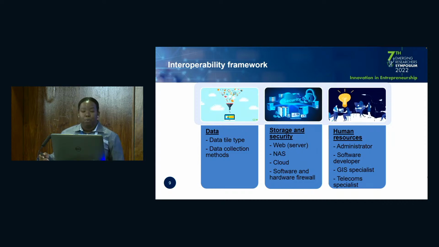And for security, in order to make sure that the service providers are comfortable with sending us their data, we need to show them that their data is going to be secure using a software and a hardware firewall. So the human resources that are required were identified as an administrator, a software developer, a GIS specialist, and a telecom specialist, but that is dependent on the size of the project.